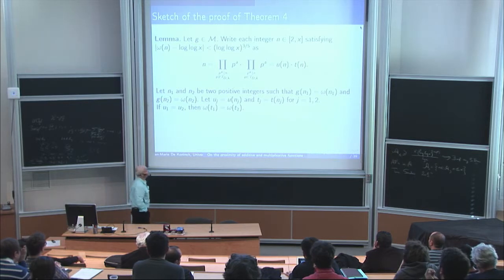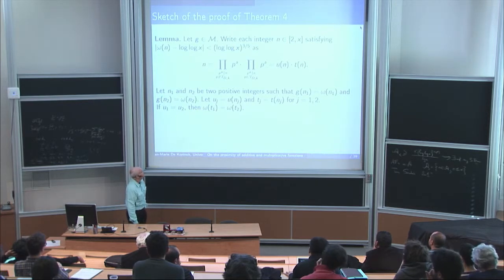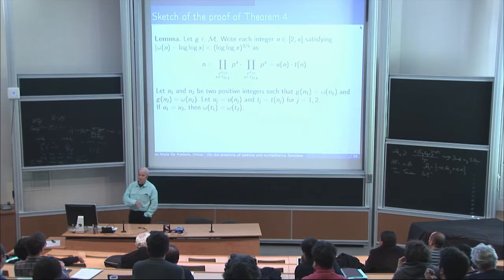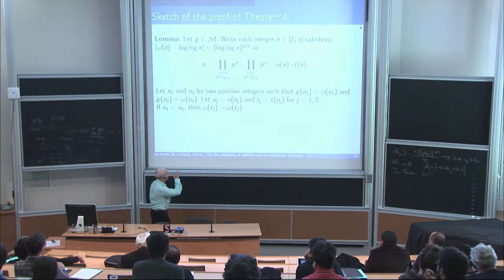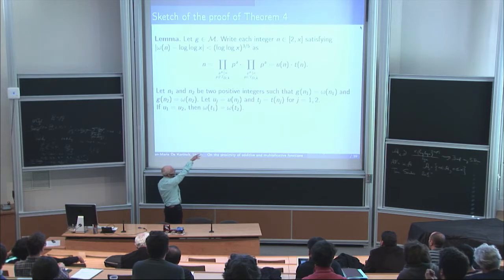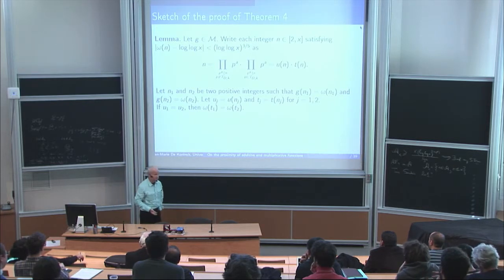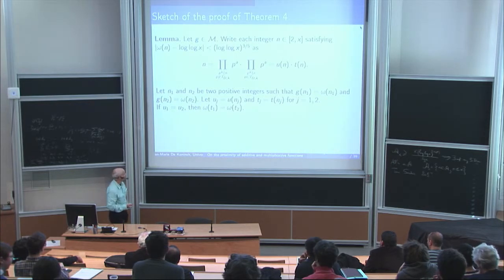Then write each of these integers, their factorization, as the product of two integers. Say the u_n part, the bad part, that is those that have a large prime factor or a large exponent, those are my bad part u_n. And then the nice part, t_n, where the exponent is not too big and the prime factors don't exceed d.